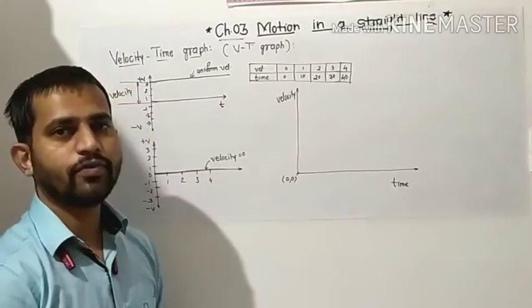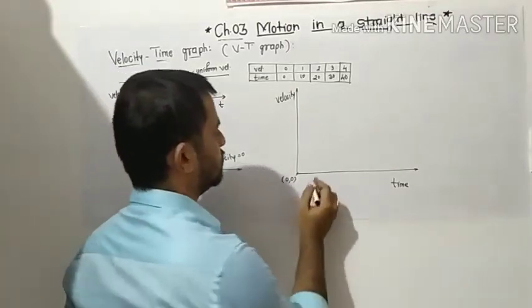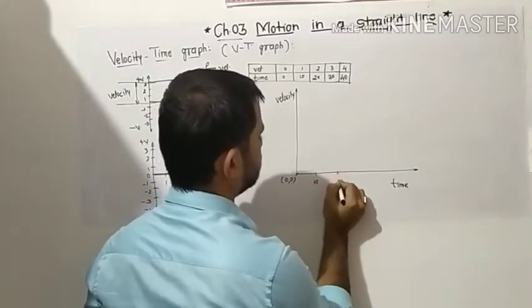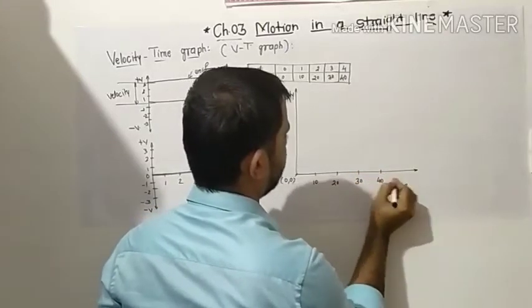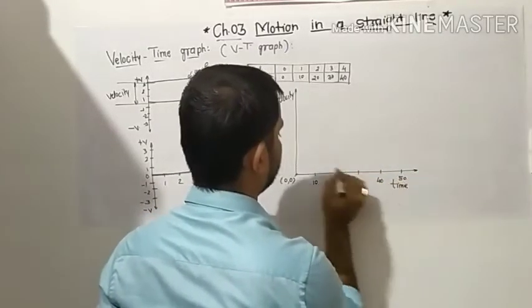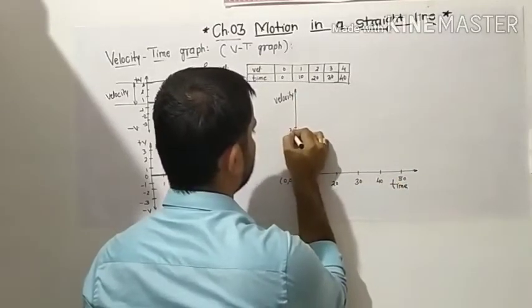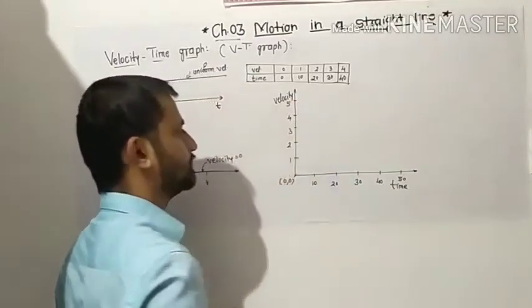Now for this graph, first we mark the coordinates 10, 20, 30, 40, 50 and 1, 2, 3, 4, 5.